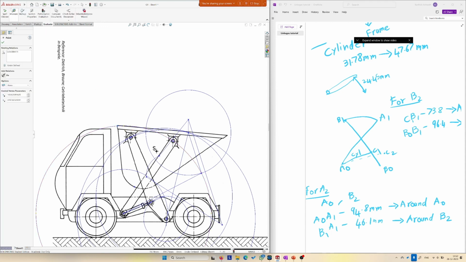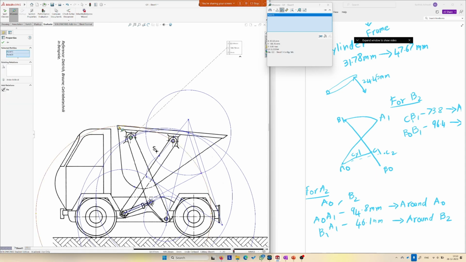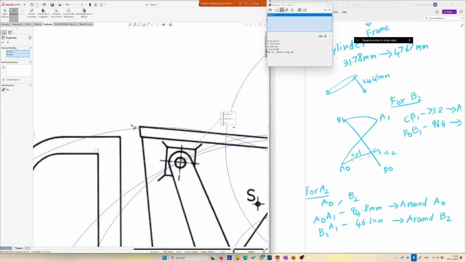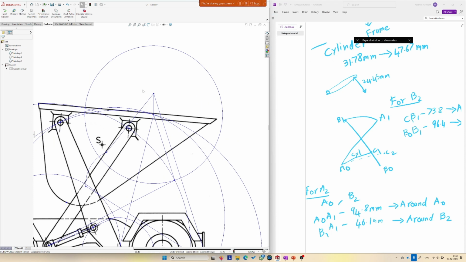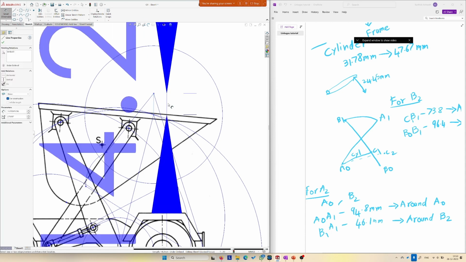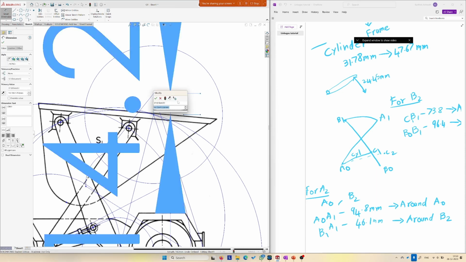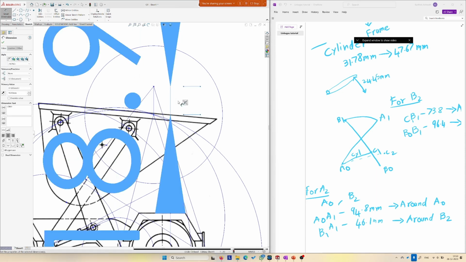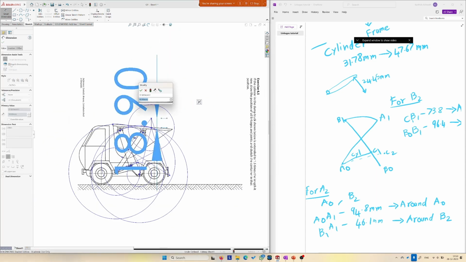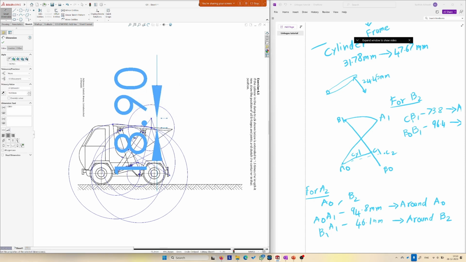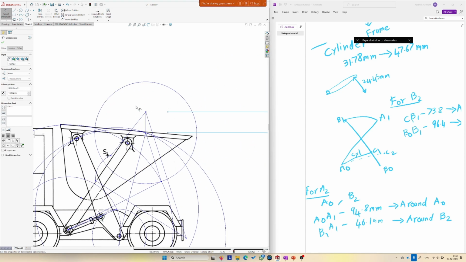Okay, evaluate, measure, distance. It's 18.9, and I will use the same distance here. Sketch, smart dimension. So this is the new position of the dumper.